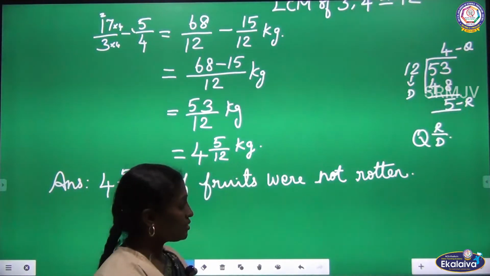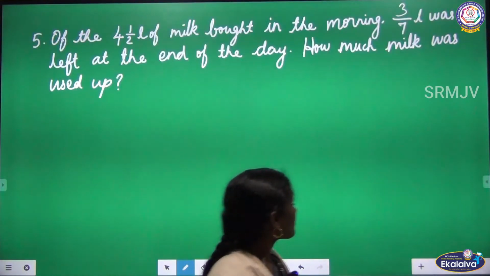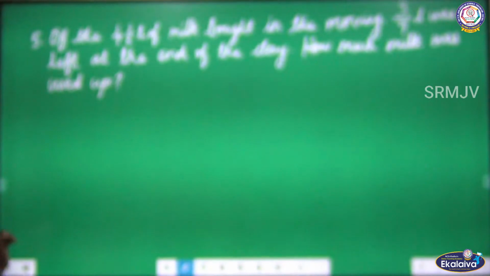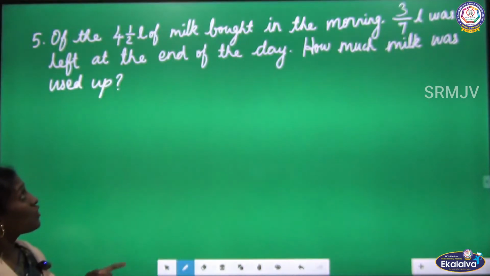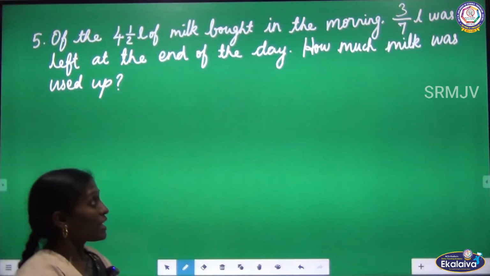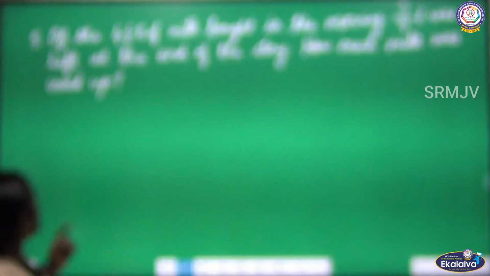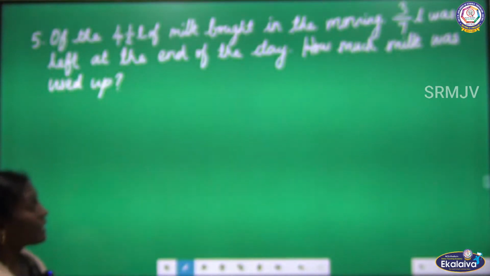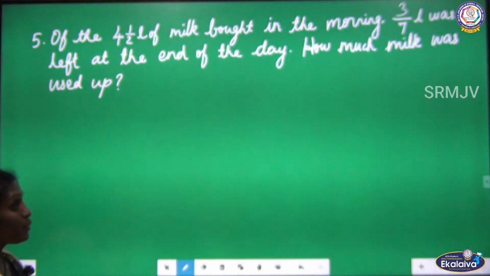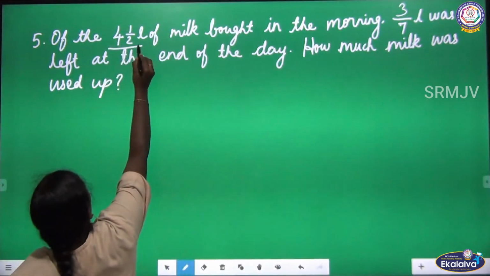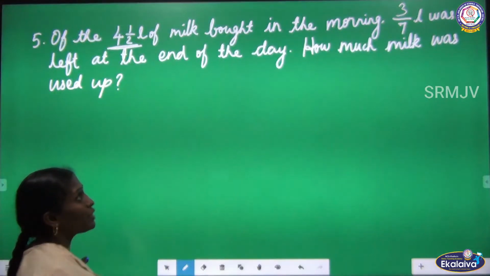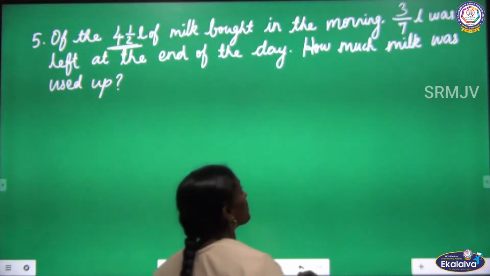Was it clear, children? The next question: of the 4.5 liter of milk brought in the morning, 3 by 7 liter was left at the end of the day. How much milk was used? Here, in the morning they bought 1 by 2 liter, that is 4 1/2 liter of milk.